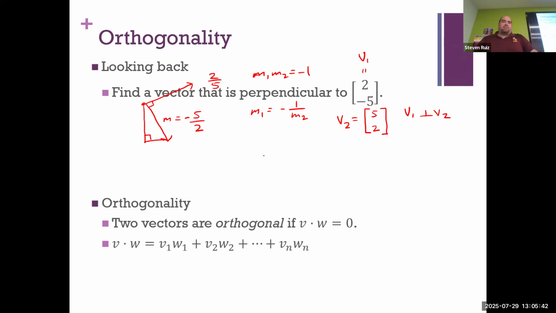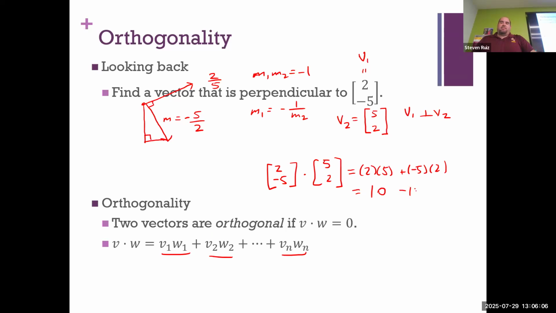The way we dot two vectors together, if I want to dot 2, -5 and 5, 2, is a sum of all these smaller products. So multiply the corresponding pairs of entries: 2 times 5 plus -5 times 2, 10 minus 10.